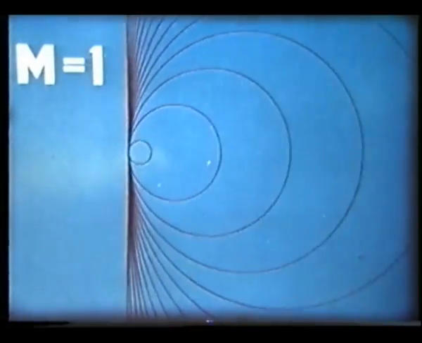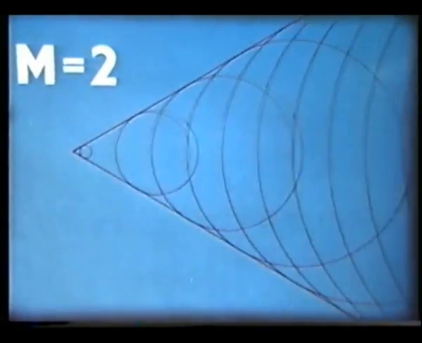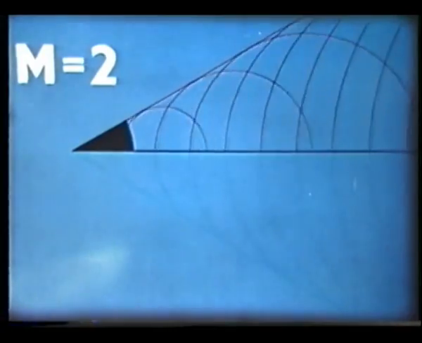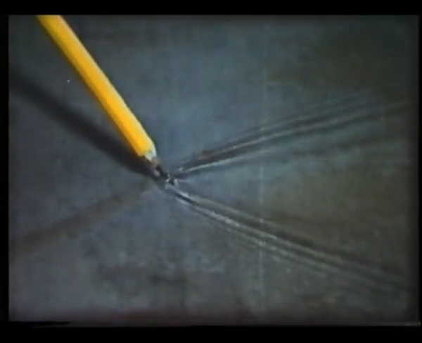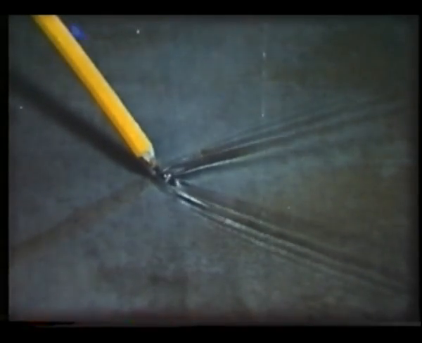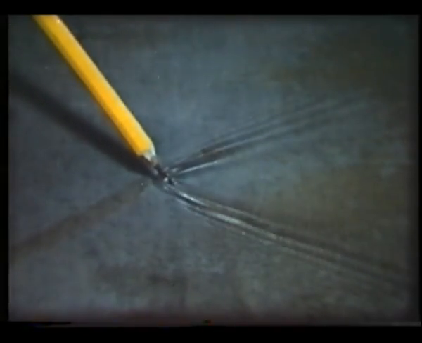At Mach 1, the Mach angle is 90 degrees. As the Mach number is increased, the Mach angle grows smaller. A similar effect can be seen by dipping the point of a pencil in a fast-moving stream of water. Only the region inside the wave is influenced by the pencil point.